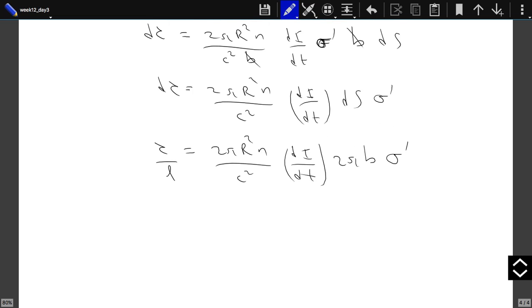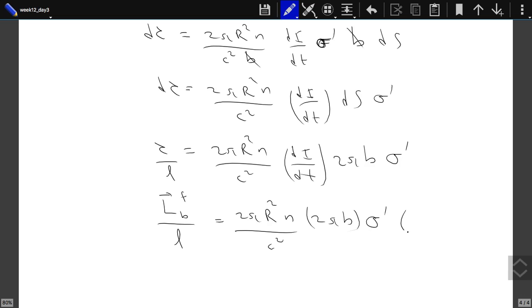Just integrate it from t equal to 0 to t equal to final. So this will be L_B final per unit length, 2 pi r squared n over c squared, 2 pi b sigma prime times minus I. I final is 0, I initial is I.